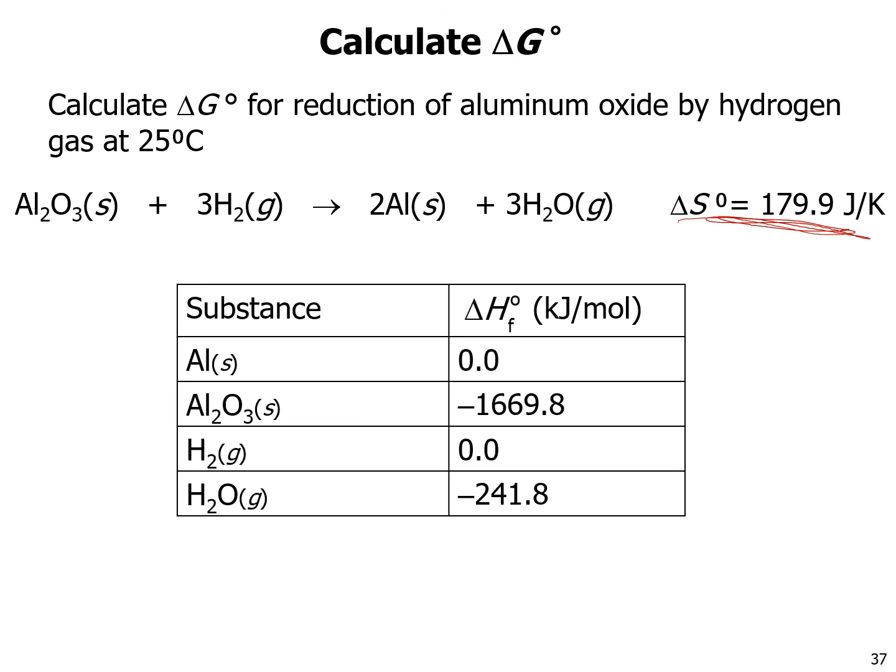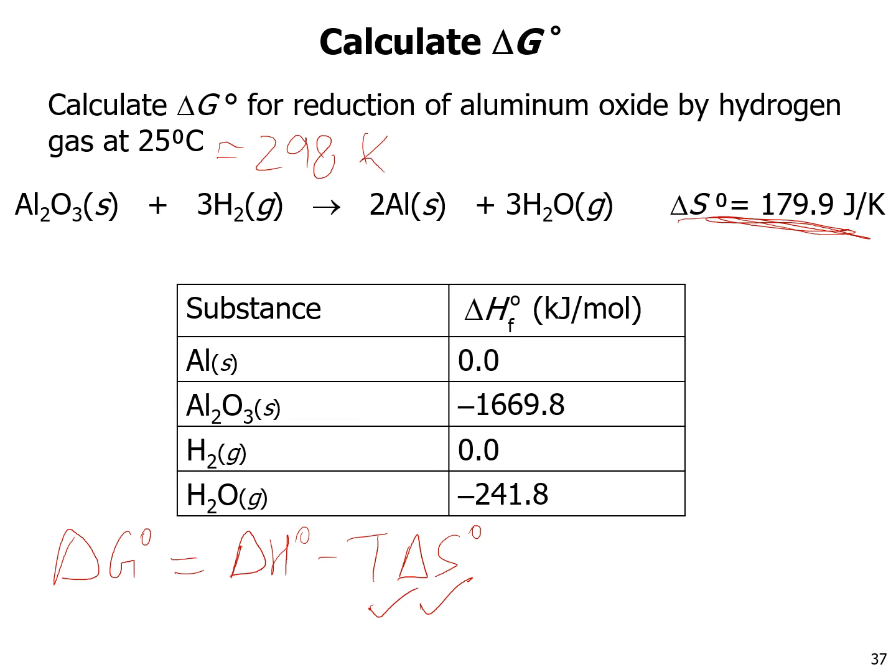What is the only equation that you know for ΔG? If I want to figure out ΔG for a reaction, it would be ΔH° minus TΔS°, correct? Do I have the value of ΔS°? Yes. Do I have temperature? Yes, it's 25 degrees Celsius, which is 298 Kelvin. Do I have ΔH° for the reaction?